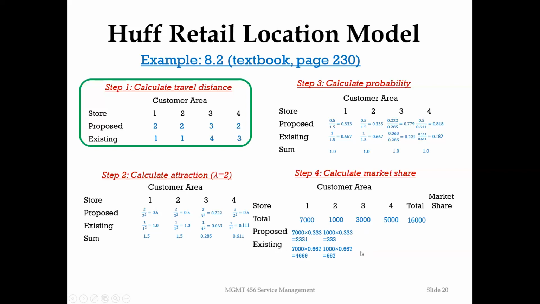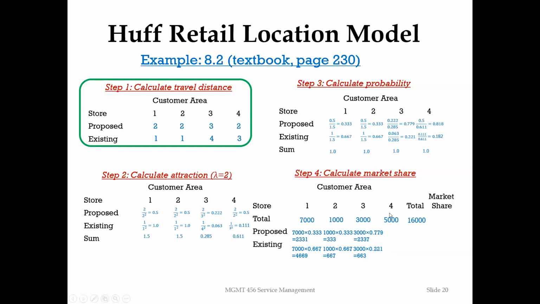We can repeat the procedure for customer area 3 and area 4. So for customer area 3, $3,000 in total, and out of these $3,000, about 0.779 will go to the proposed store, which is $2,337. And out of these $3,000, 0.221 will go to the existing store, which is $663.